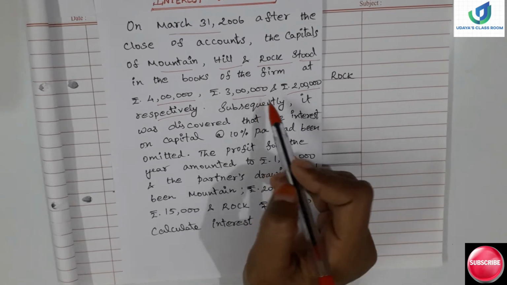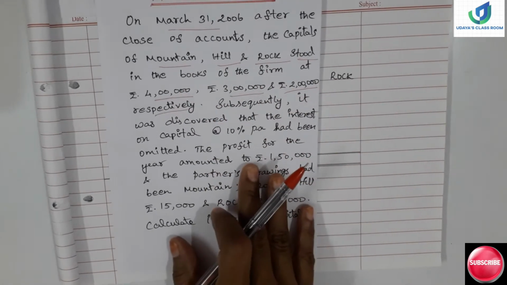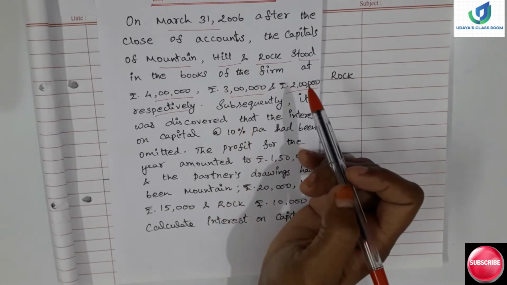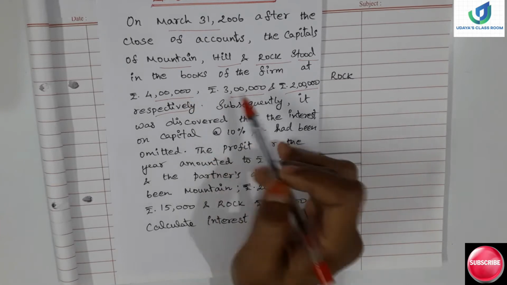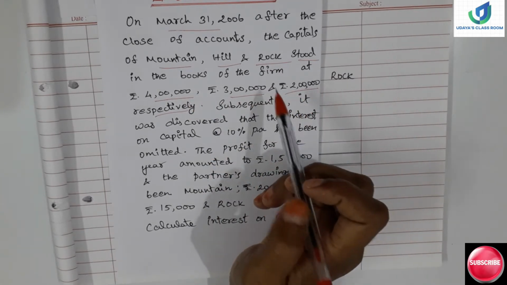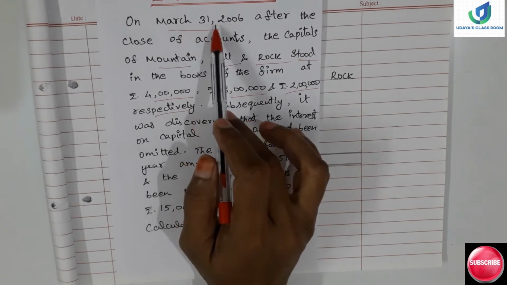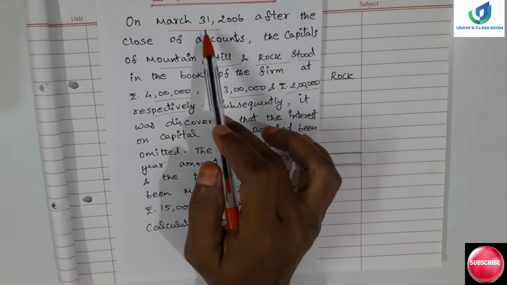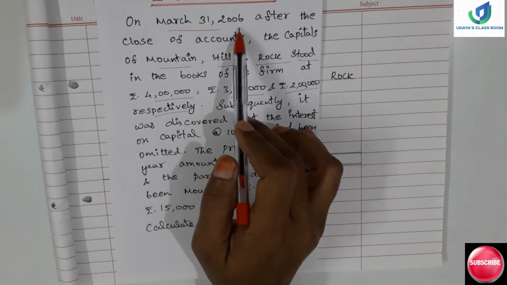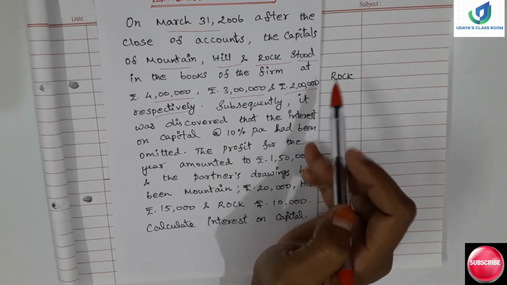So always we have to concentrate on the capital amount when we calculate interest on capital. This is the closing capital at year end, March 31st, 2006, which means the financial year would be April 2005 to 2006. So this is the closing capital balance.